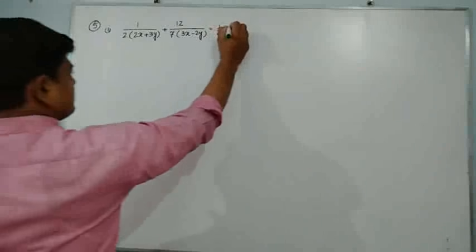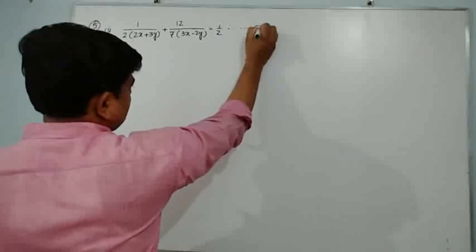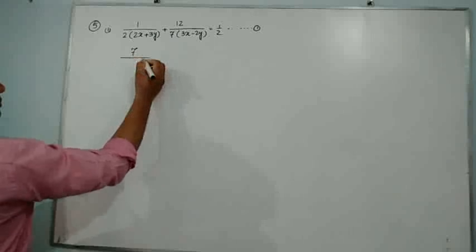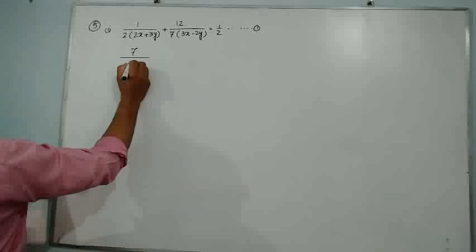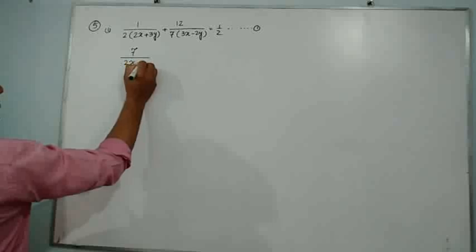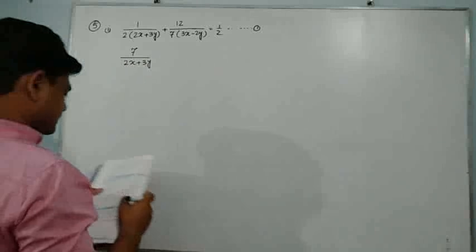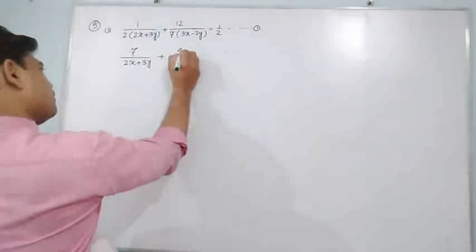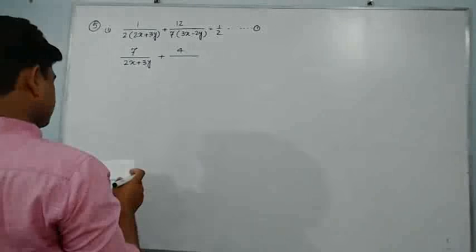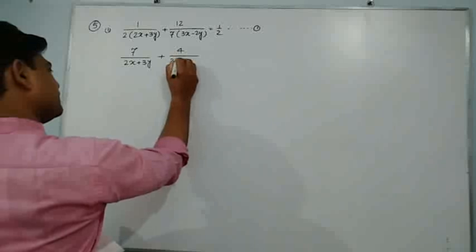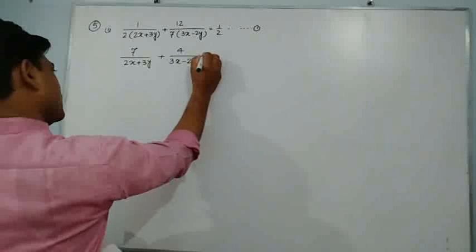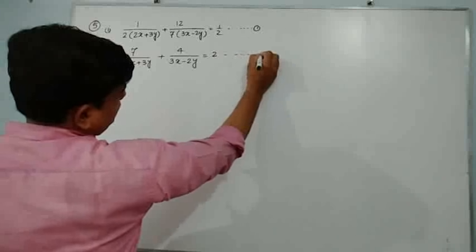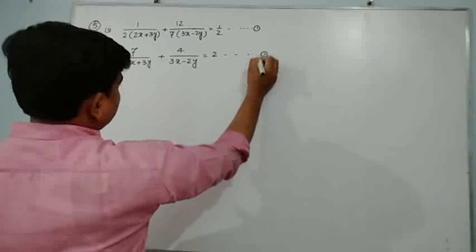I can give the name of this equation as 1. Another equation is 7 upon 2x plus 3y plus 4 upon 3x minus 2y is equal to 2, and this can be written as equation number 2.